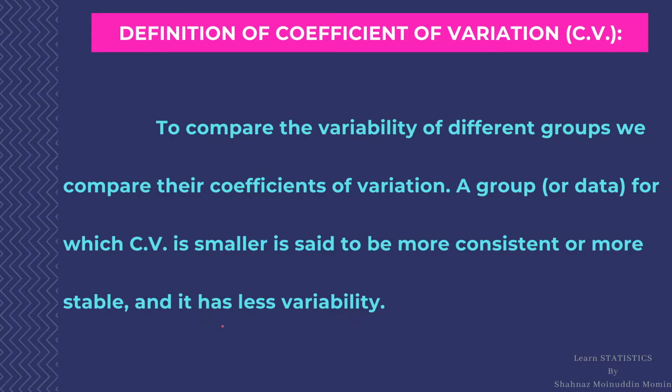To compare the variability of different groups, we compare their coefficients of variation. A group for which the coefficient of variation is smaller is said to be more consistent or more stable, and it has less variability.